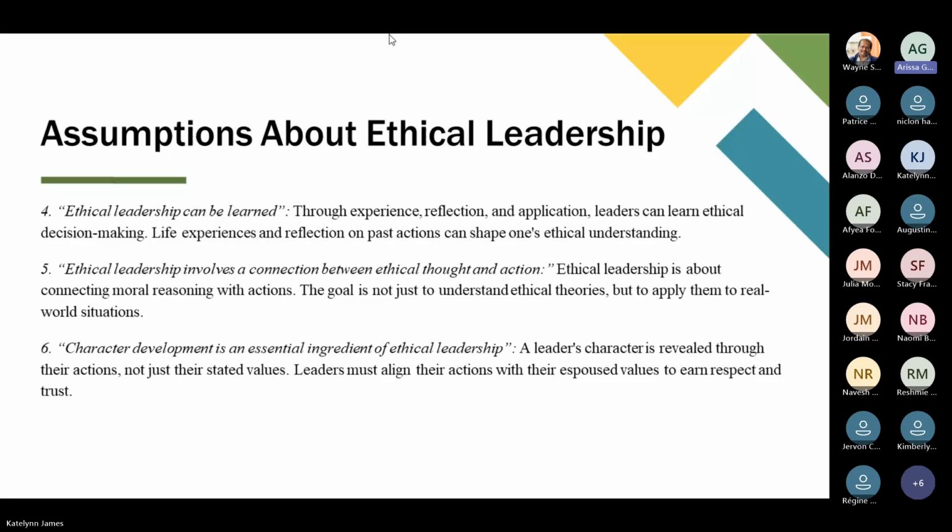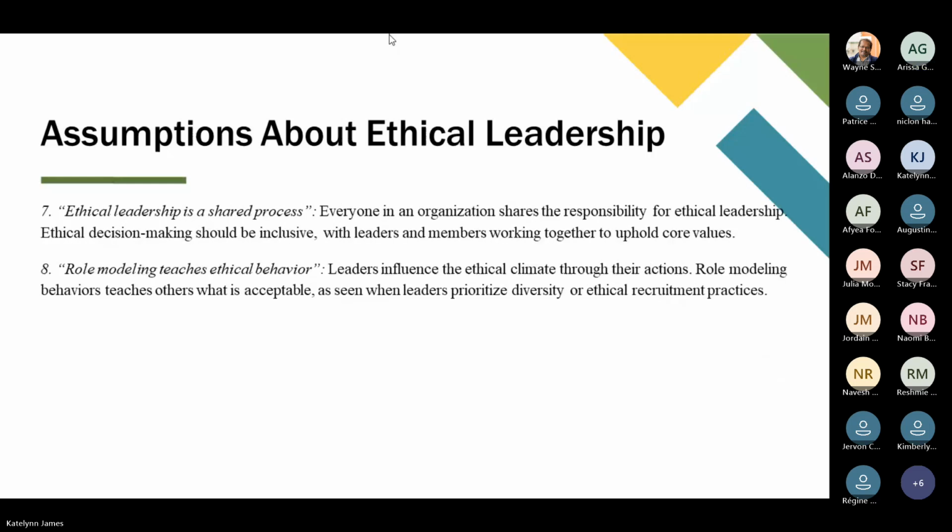6. Character development is an essential ingredient of ethical leadership. A leader's character is revealed through their actions, not just their stated values. Leaders must align their actions with their espoused values to earn respect and trust. 7.